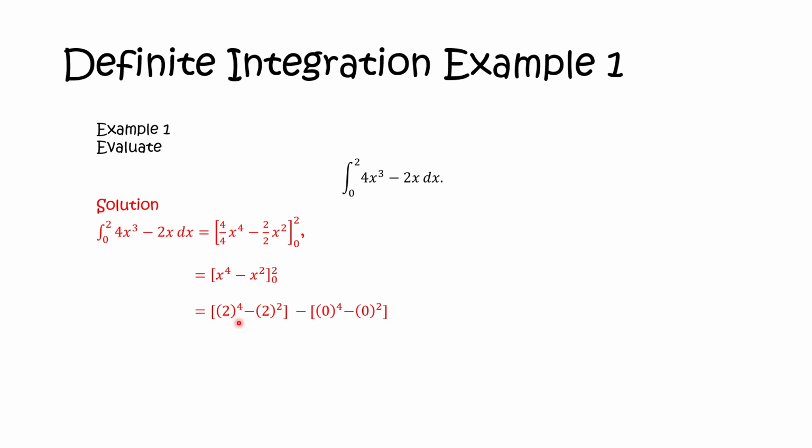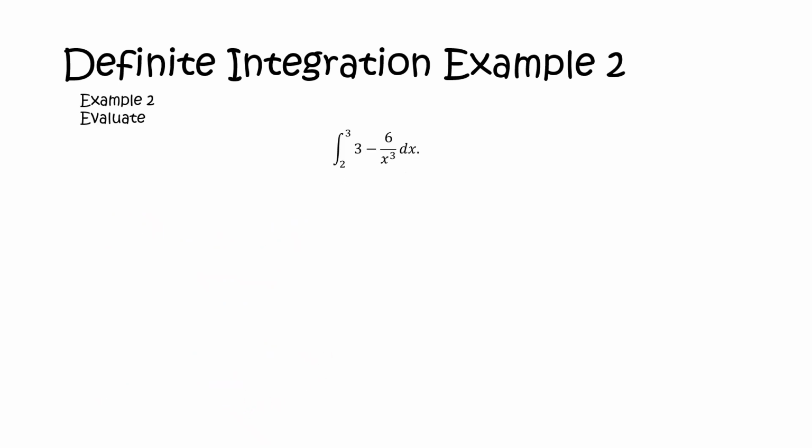So in this case, we're going to have 2 to the power 4 minus 2 squared, all minus 0 to the power 4 minus 0 to the power 2. We can evaluate this individually, and we get 16 minus 4 minus 0, which ends up as 12. Great. So now let's dive into example 2.